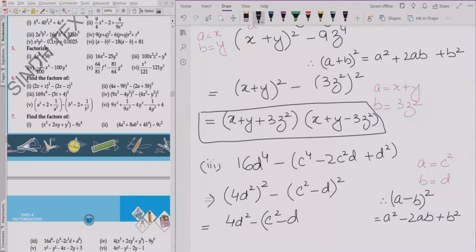Now a is 4d squared and b is c squared minus d. So now we will put in the formula for the difference of two squares here.